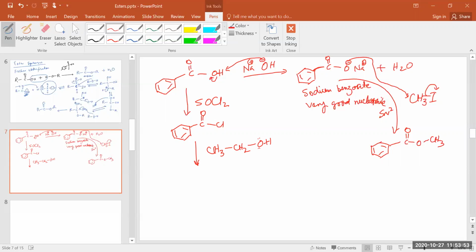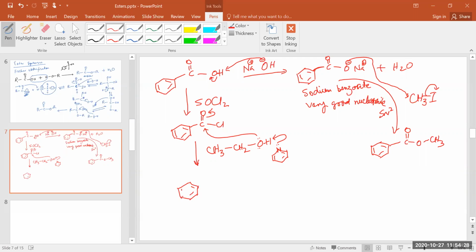Benzoyl chloride, when you react it with an alcohol, CH3CH2OH, this reaction will be nucleophilic acyl substitution. In the previous chapter we discussed nucleophilic acyl substitution. The base is generally pyridine, or any other base will also be helpful, that takes this proton. So what will be the intermediate?